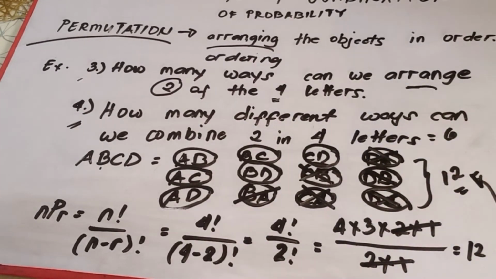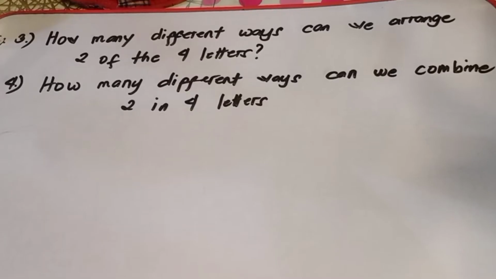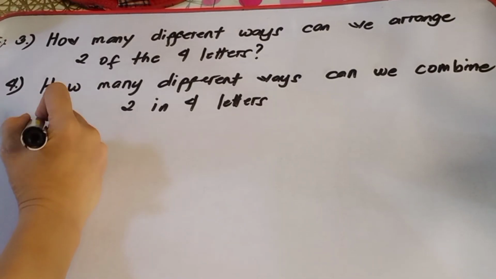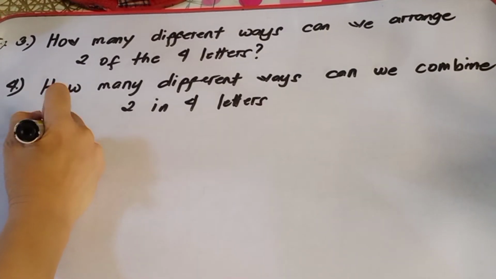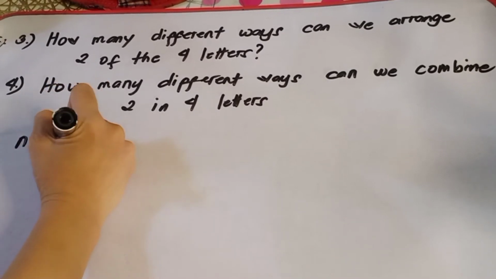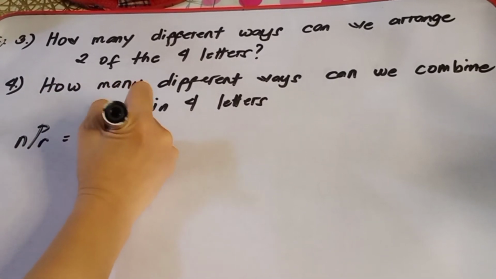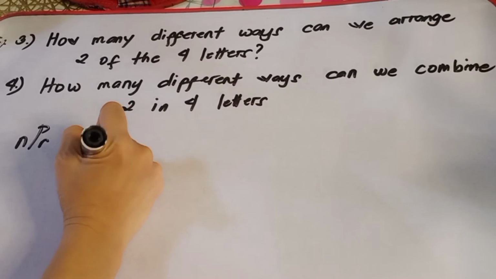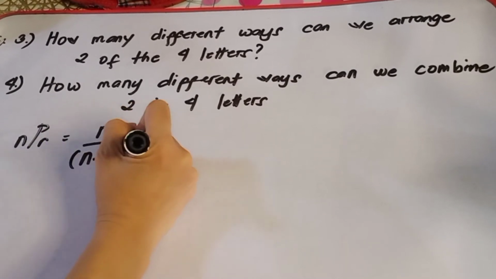Okay, so how about combination? So of course, kung meron tayong formula for the permutation, we have also the formula for the combination. Okay, so this time, let's use the formula for the combination. Kung kanina sa first question, yung formula na ginamit natin is for permutation, which is n factorial over n minus r factorial.